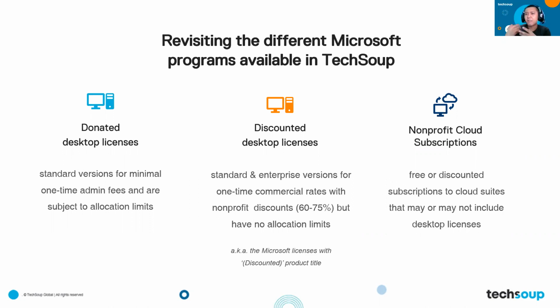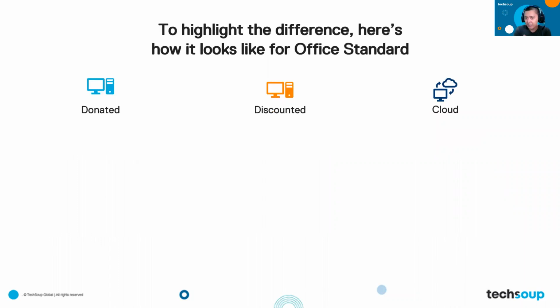Now let's help you visualize that, okay? To highlight how it looks in our TechSoup catalog, let's use a standard use case, which is common for a lot of organizations, i.e. needing Office. If, say, you need Office, you can essentially look at the TechSoup catalog and source that from 3 different programs, right?